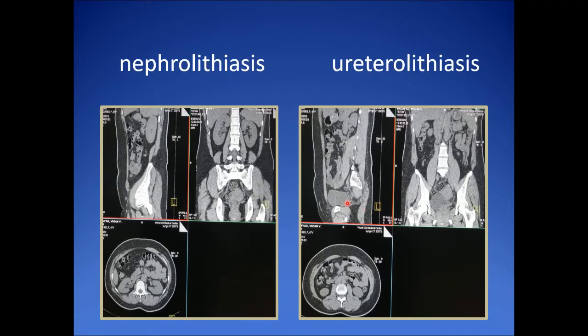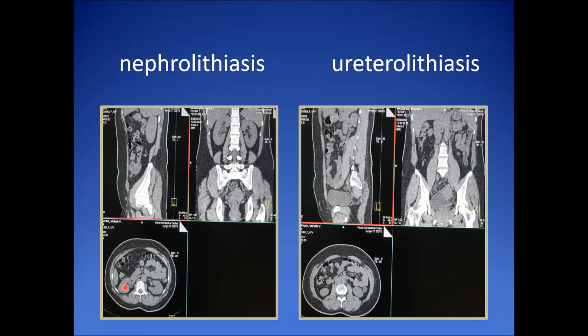So we have here an example. A very tiny hyperdense structure here at the right middle pole calyx. Here and here, axial.